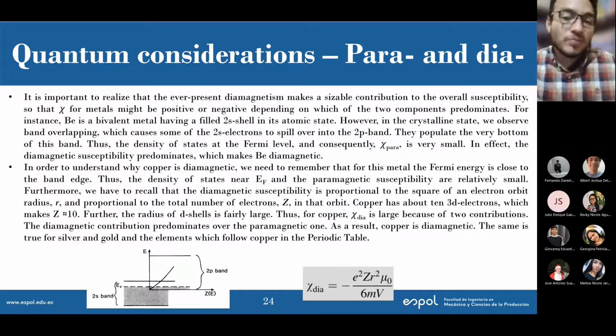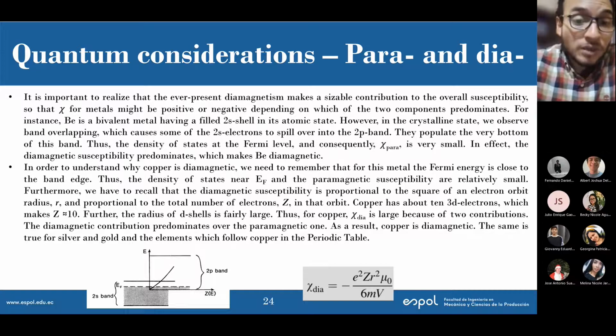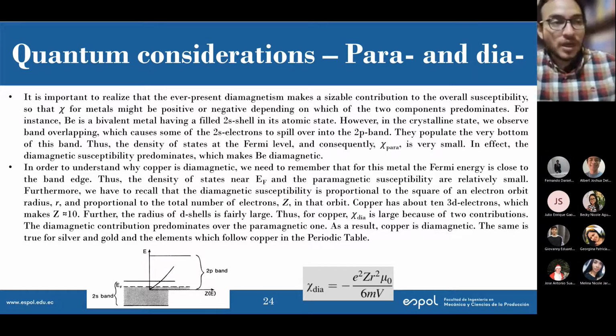If we're talking about metals, the diamagnetic susceptibility will make an important contribution to the overall susceptibility. And it can be positive or negative depending on which predominates, the paramagnetic behavior or the diamagnetic behavior.